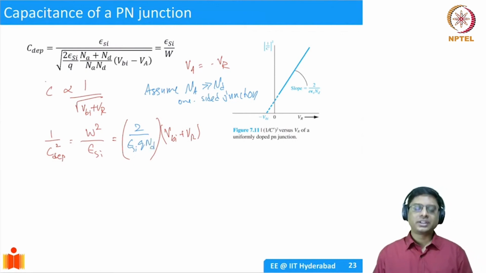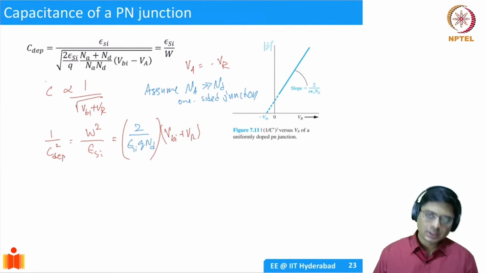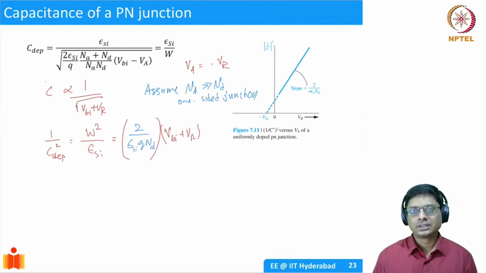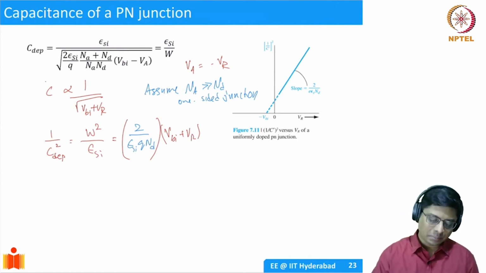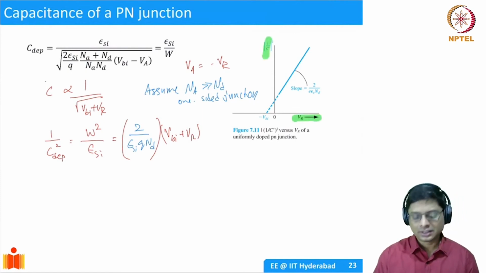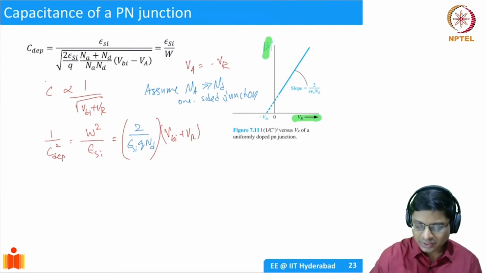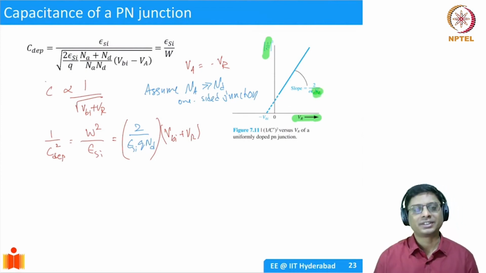The reason this is useful is we can measure it experimentally. We can apply a reverse bias voltage and keep measuring capacitance at different points. We have what is called an LCR meter that is used to measure the capacitance. If you measure that and plot voltage versus 1 over C square, you get a slope, and from the slope you can find out the doping density in your semiconductor.